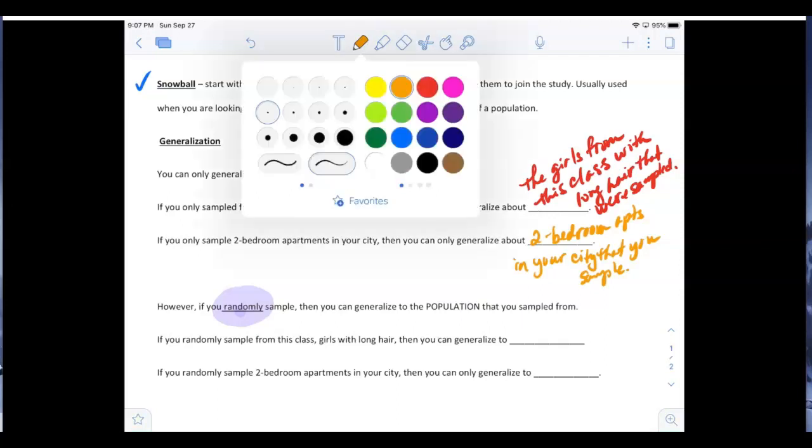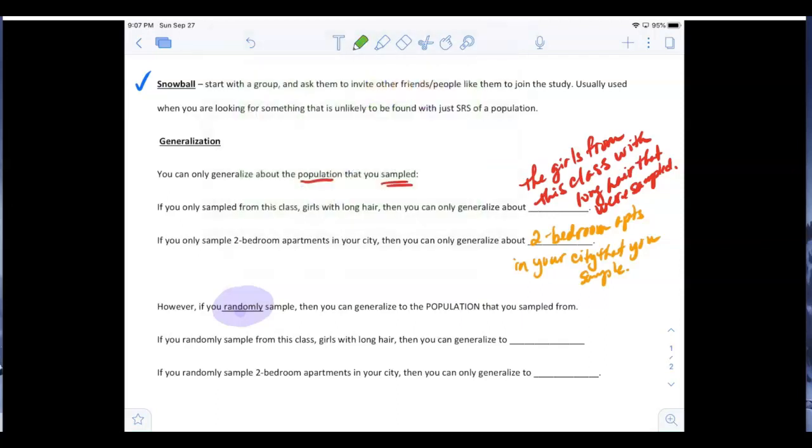However, if you randomly sample from the class, same idea again, girls with long hair, then you can generalize to the population that you sampled from. So the biggest group that we had is from the class. So then I could generalize to all girls with long hair in class.